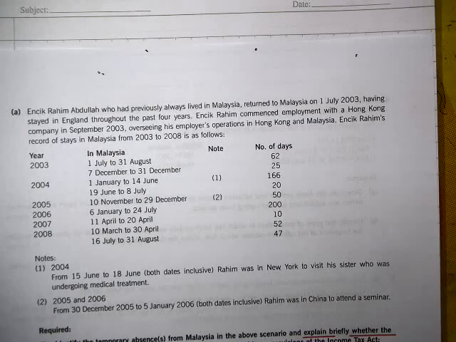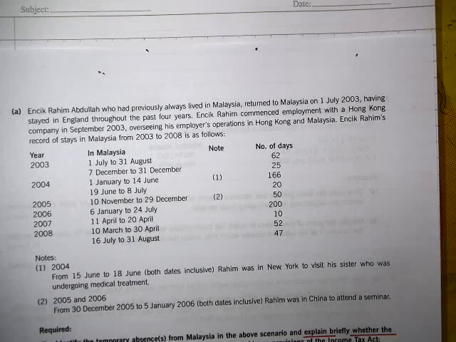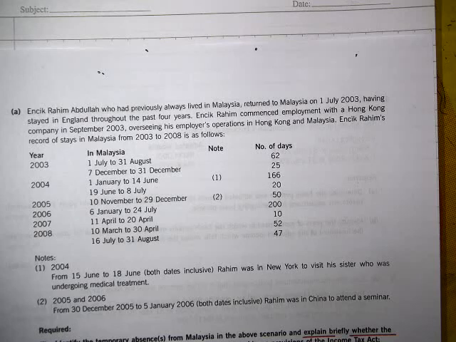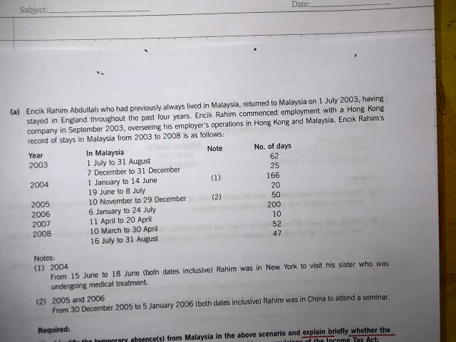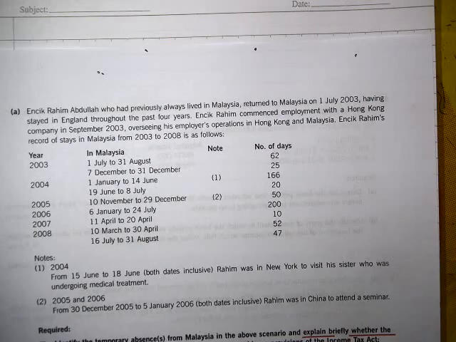Now Rahim Abdullah, who had previously always lived in Malaysia, returned to Malaysia on 1st July 2003, having stayed in England throughout the past 4 years. Rahim commenced employment with a Hong Kong company in September 2003, overseeing his employer's operation in Hong Kong and Malaysia.